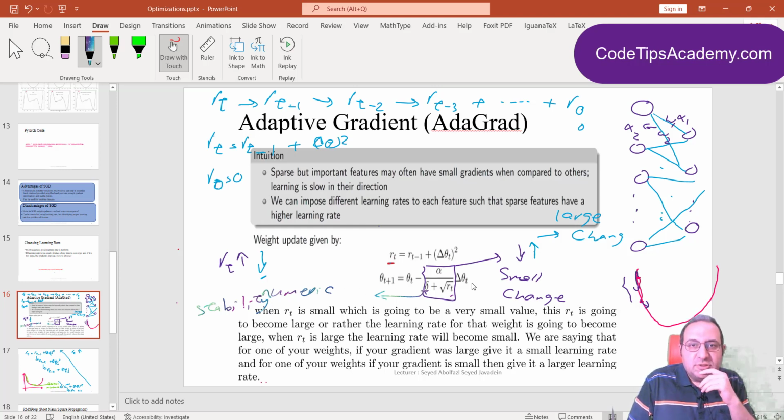This numeric stability, what does this mean? This means that, for example, if in some steps RT is very small, this portion of the division will be 0 when RT is very small, and the 0 in the division makes a problem for us.